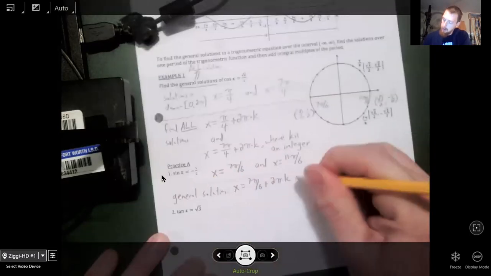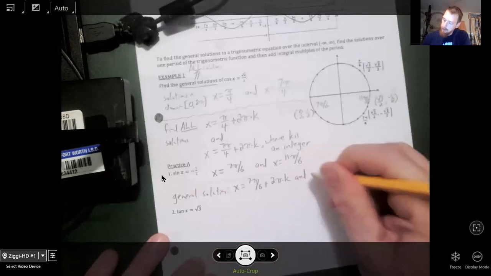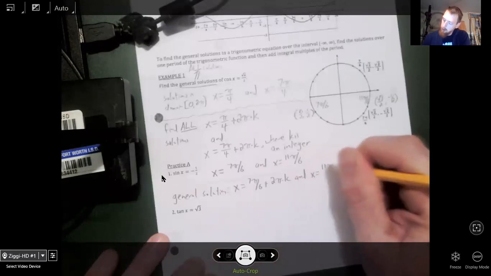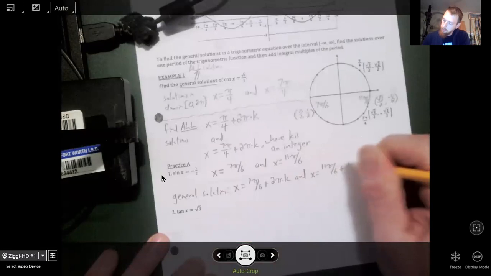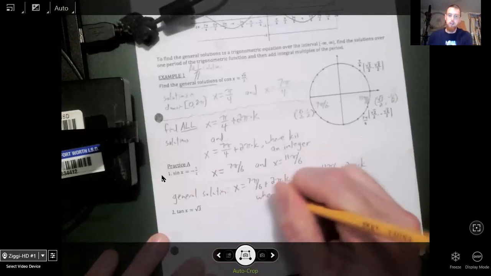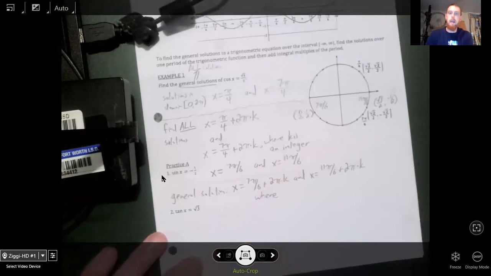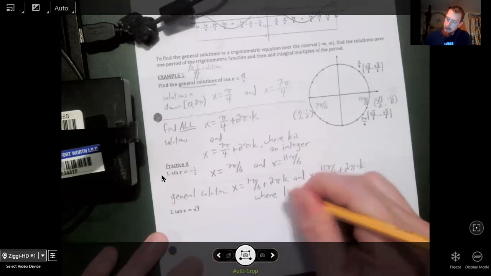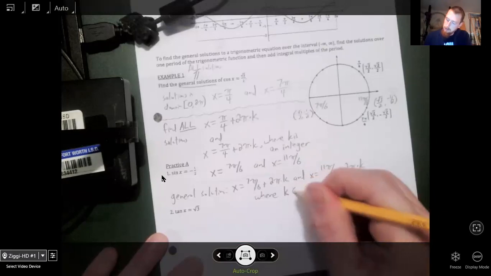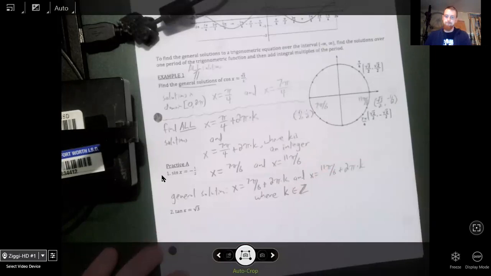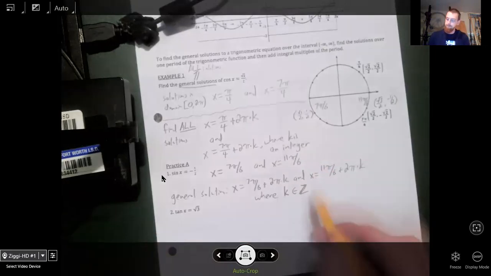And we can also get solutions by letting x be 11 pi over 6 plus 2 pi times k. A shorthand way of saying that a number is an integer is to say that it's in the set of all integers. So we can say that k is an element of the set of integers, which is superscript Z.